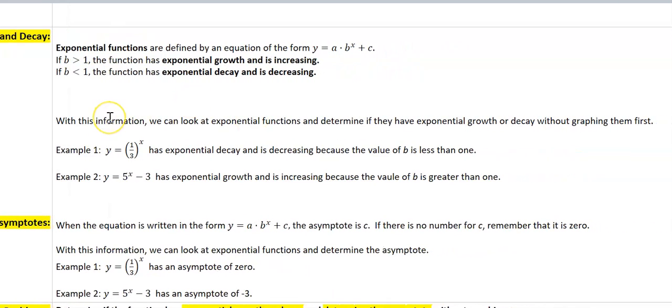So, with this information here, we can look at exponential functions and determine if they have exponential growth or decay without even graphing them.